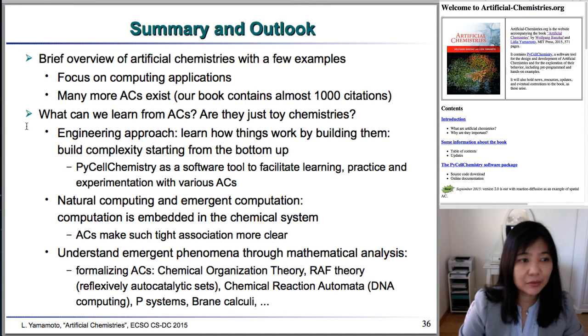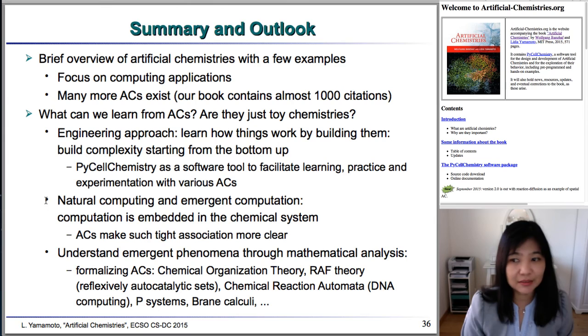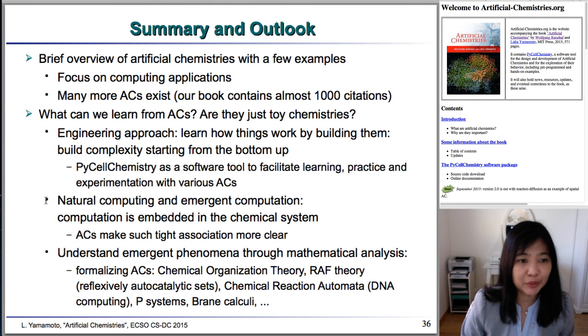I think three aspects can be highlighted here. First, an engineering approach: how to build things, learn by building them, and we hope that our software package will facilitate this practice and experimentation with new artificial chemistries. A second aspect is that artificial chemistries are a natural way of performing emergent computation.